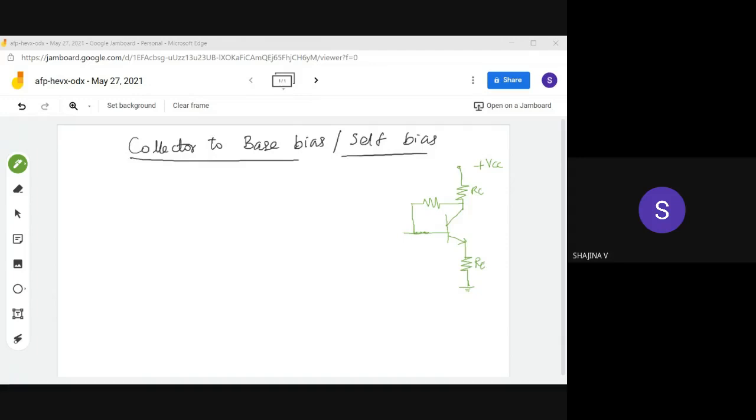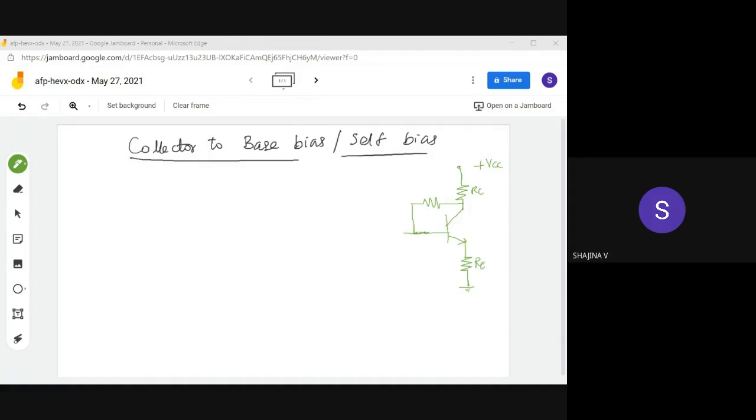So we have to find the stability factor from this equation itself. For that, I am considering the input KVL equation, that is input KVL expression.